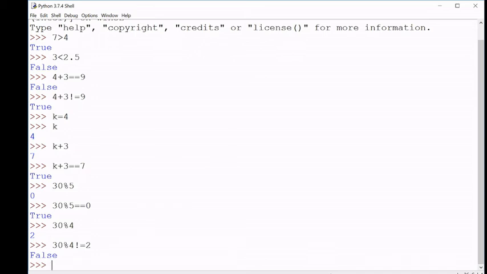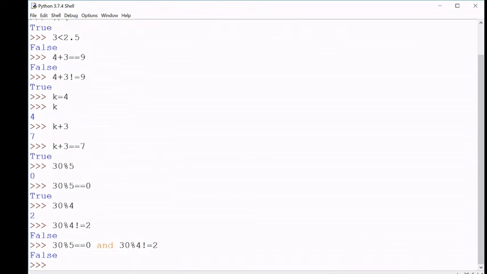The last thing to look at then is how I can use and or to put some of these things together. So if I want to know whether it's true that 30 is divisible by 5 and when 30 is divided by 4 I don't have a remainder of 2, that's false.